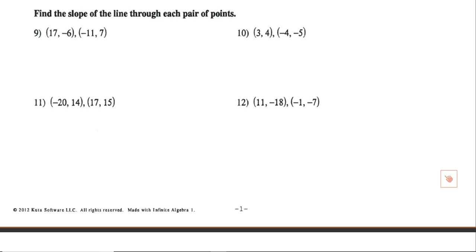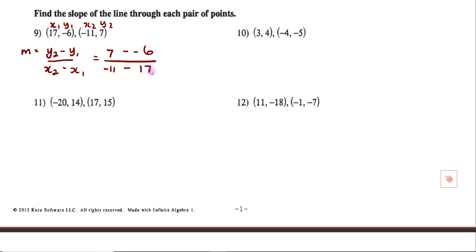Yeah, so remember m is y2 minus y1 divided by x2 minus x1. So we can label it x1, y1, x2, y2. So we then do 7 subtract negative 6 divided by negative 11 subtract 17.